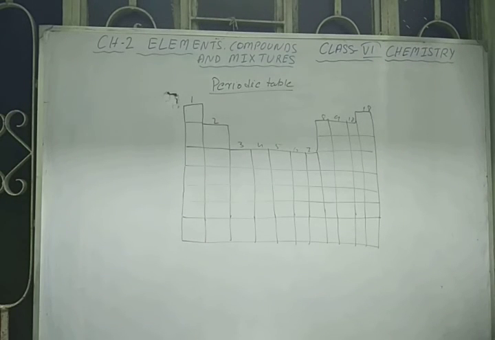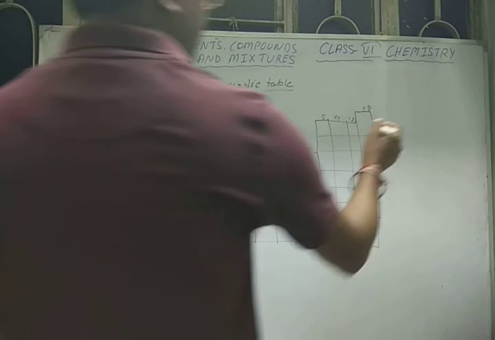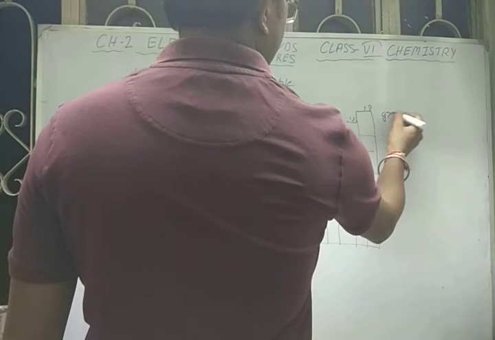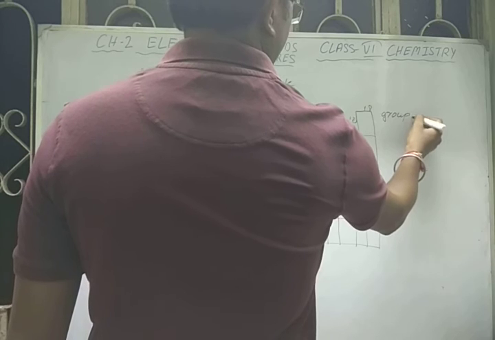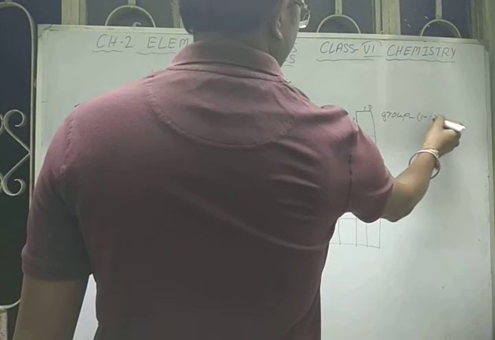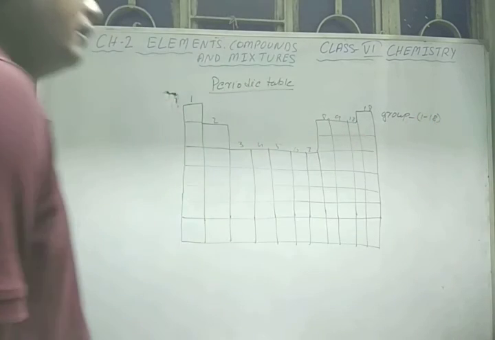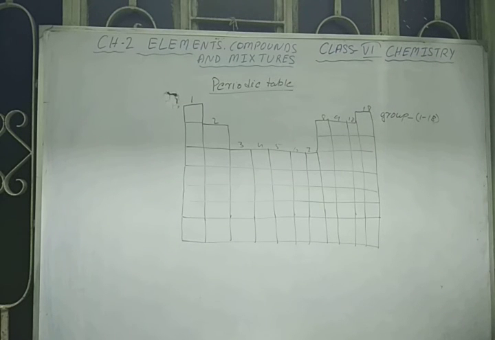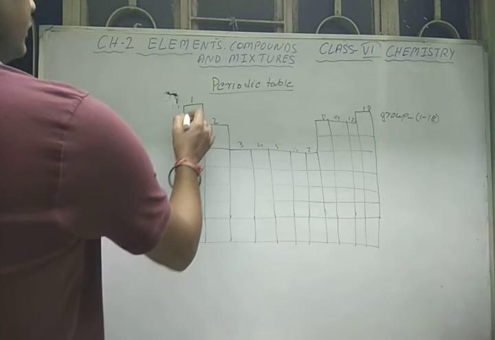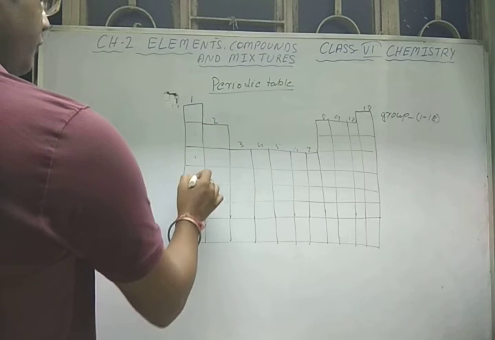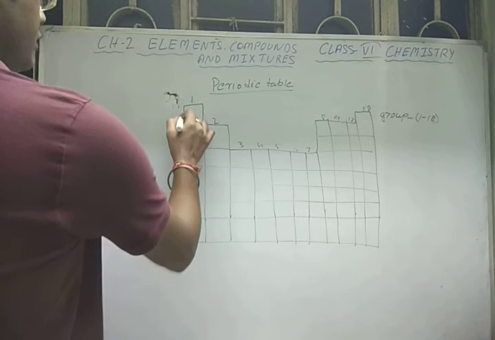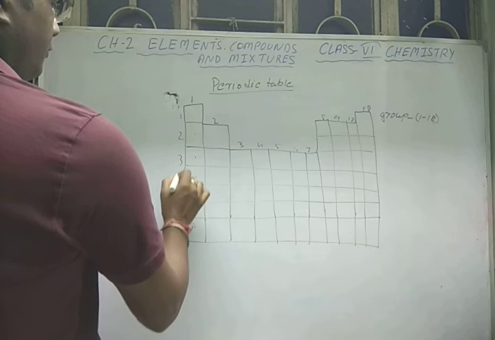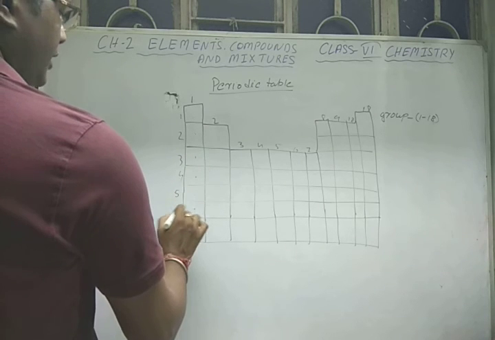There are 18 vertical columns, and these vertical columns we call groups. They are numbered 1 to 18. And we can see here 1, 2, 3, 4, 5, 6, 7.